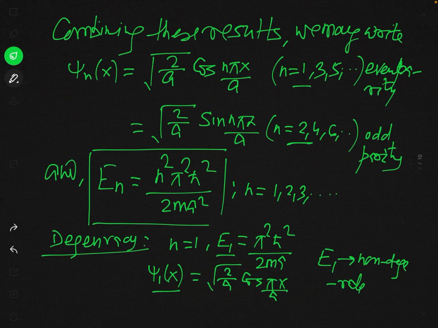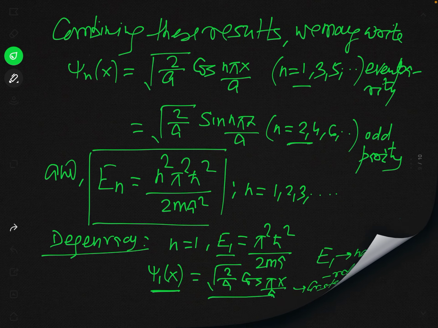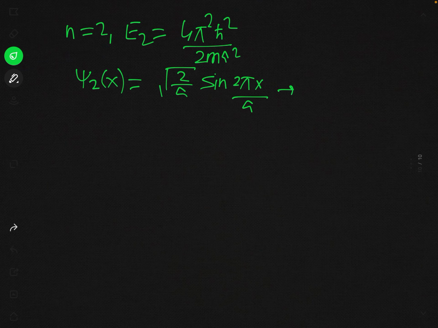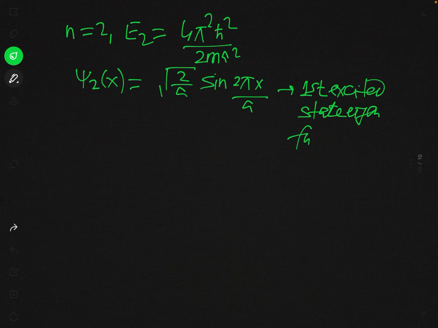Now you can see this eigenfunction psi 1 of x is actually the ground state eigenfunction, and this is actually the first excited state eigenfunction.